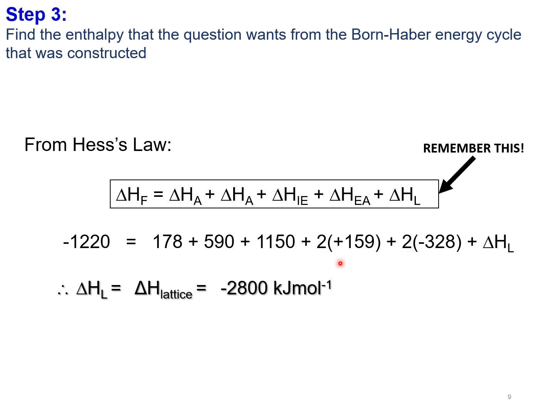So here it is, and you nanti make lah you punya enthalpy of lattice as a subject after you dah masukkan everything, substitute everything, and finally you will get your enthalpy of lattice energy is negative 2800 kilojoules per mole.